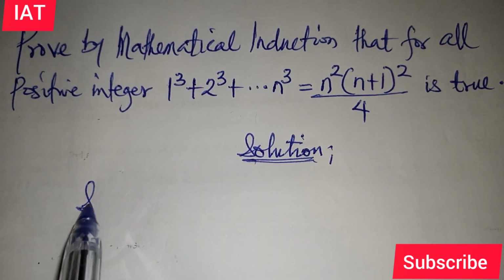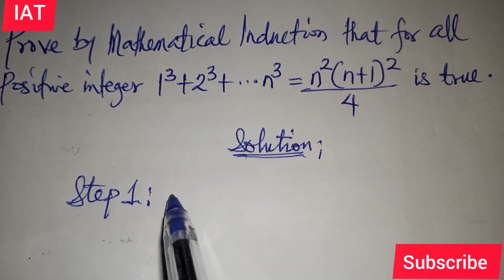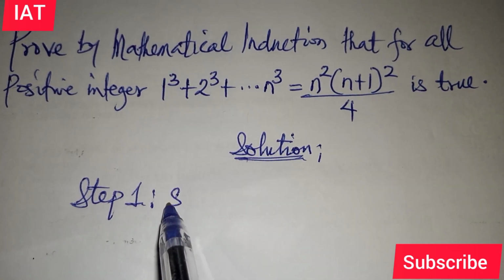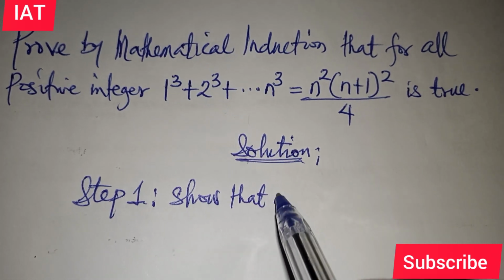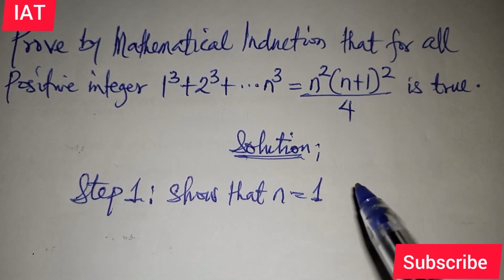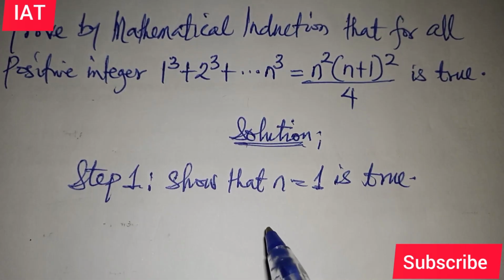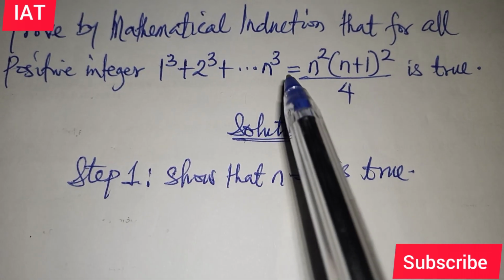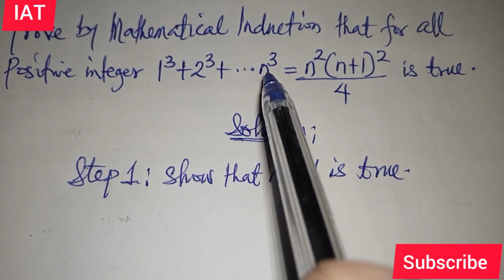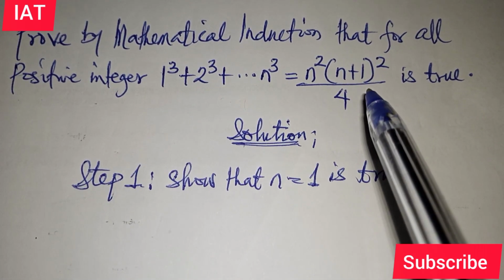The first step is that we have to prove that n equal to 1 is true. In order to do that, we make sure that when we plug in the value of 1 for n, the left hand side corresponds to the right hand side.